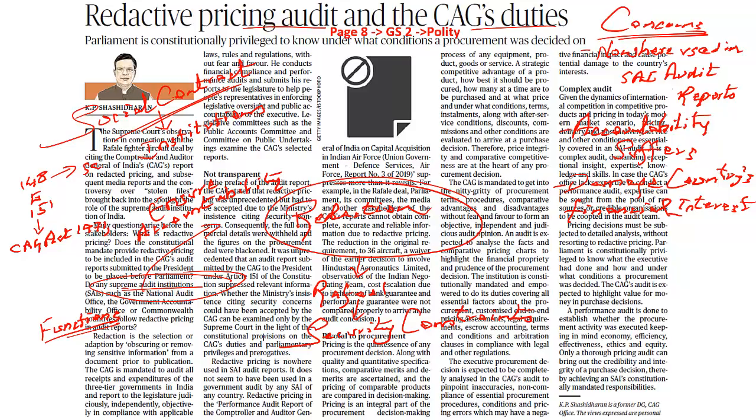And what the CAG will also have to ensure is that there is a performance audit of this particular program or scheme of the government, which will ensure that such a procurement activity is executed keeping in mind the economy, the efficiency, the effectiveness, ethics, as well as the equity.